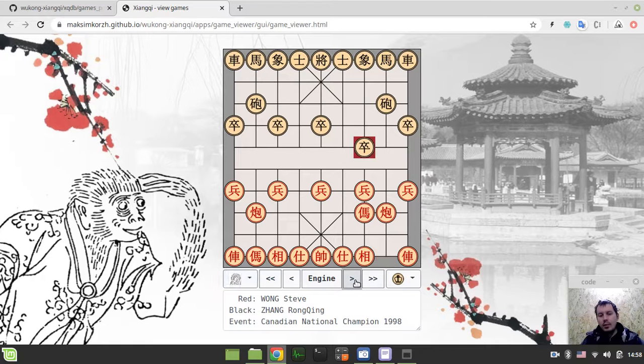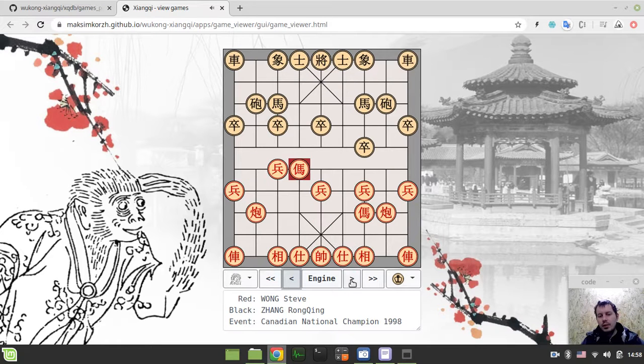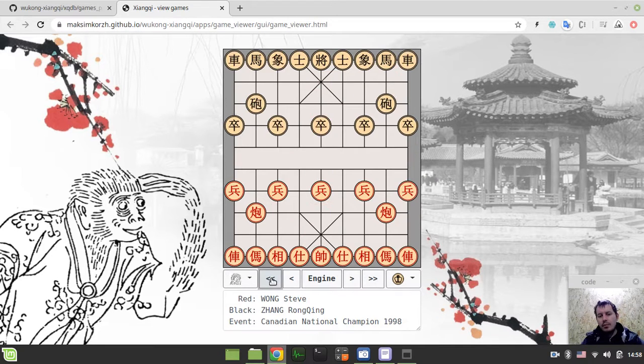Obviously we can just move forwards, move backwards. We can go to the last move of the game, to the first move of the game. We can make some alternative moves, trying to analyze as a human, and then we can just drop back to the initial variation.